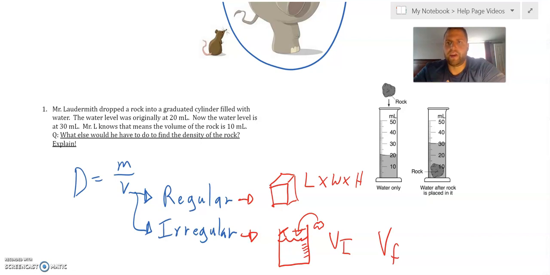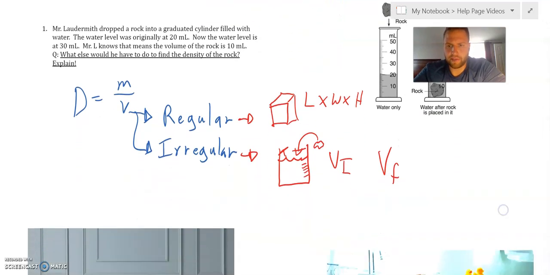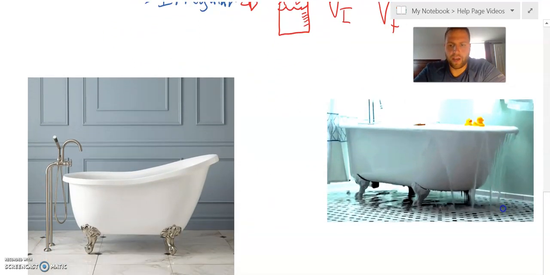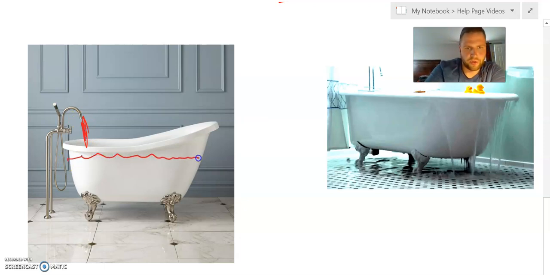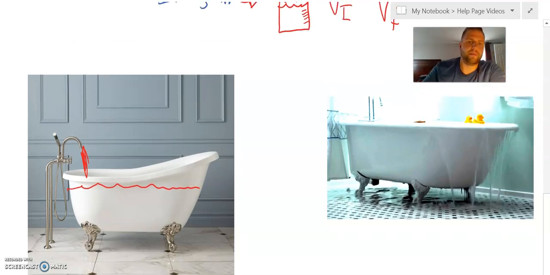So an everyday example that helps really visualize this is taking a bath, right? So some of us like to take baths, and if you look at the left over there, you see there's a bath, and ideally this would start getting filled up with water here, right? And you usually fill it up towards the top, but you never let it get to the top. If you let it get to the top and you went in the bathtub, you'd get a picture like we see on the right.